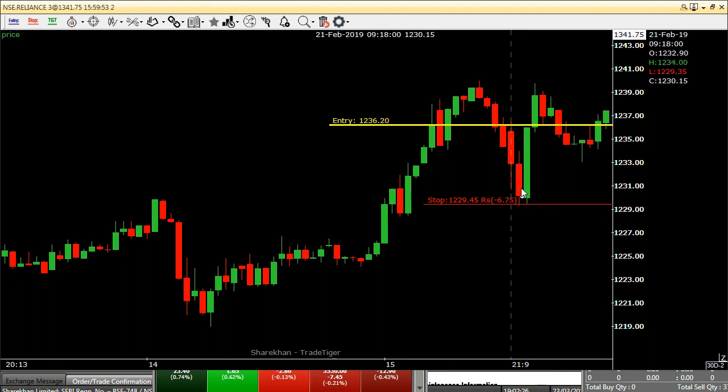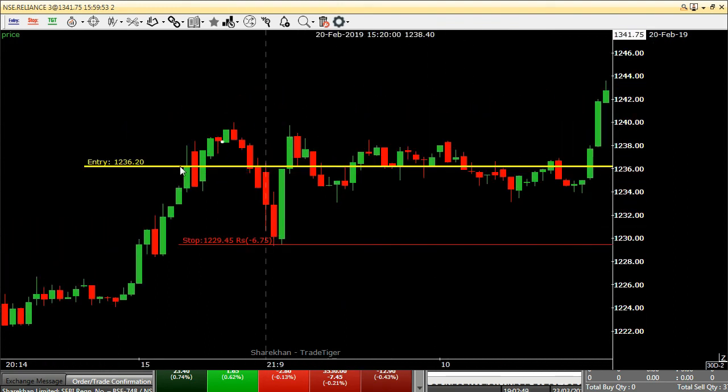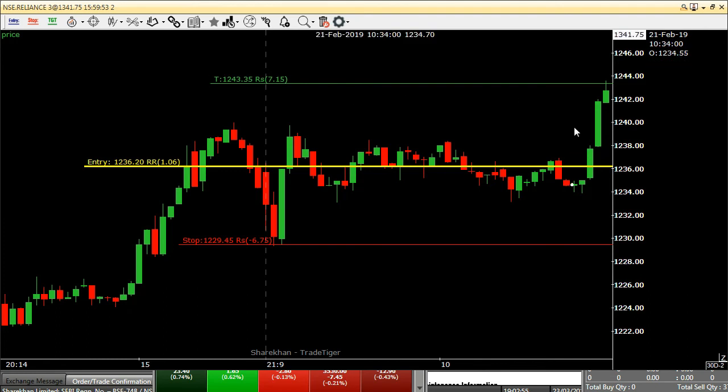So for 1,500 rupees, you have to put around 250 quantities. So put 250 quantities at the buy level and wait for your target of 6 rupees 75 paisa. Okay, and it got achieved at this level.